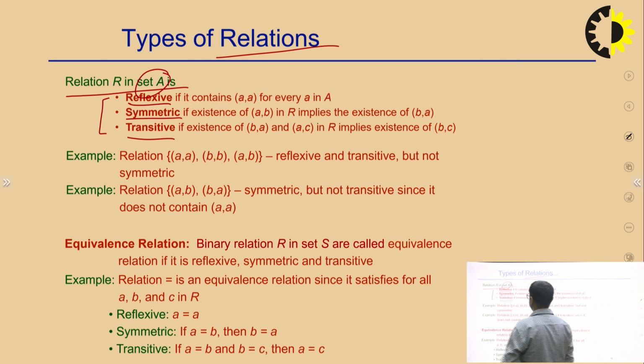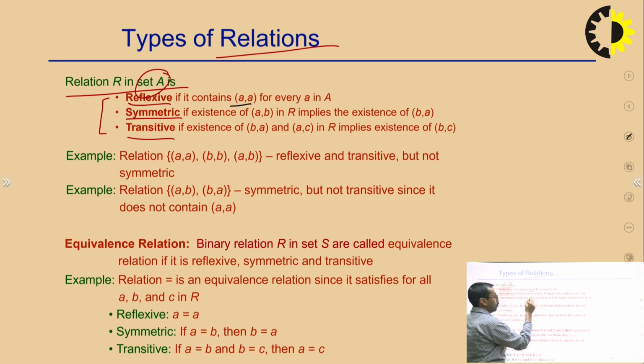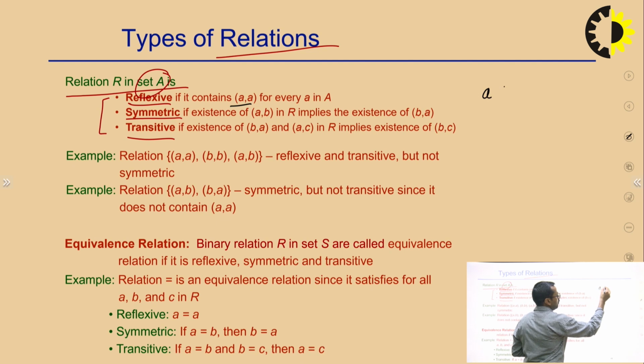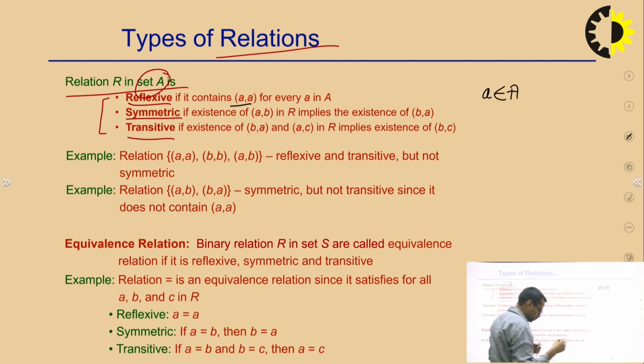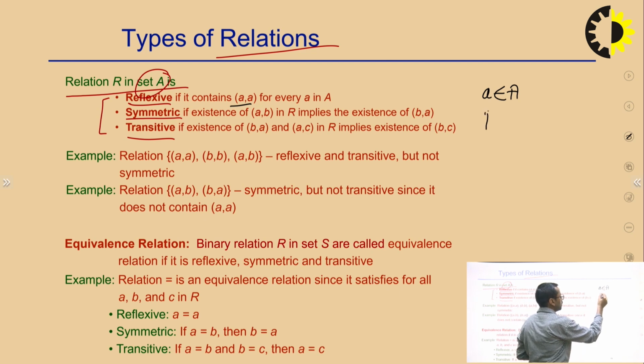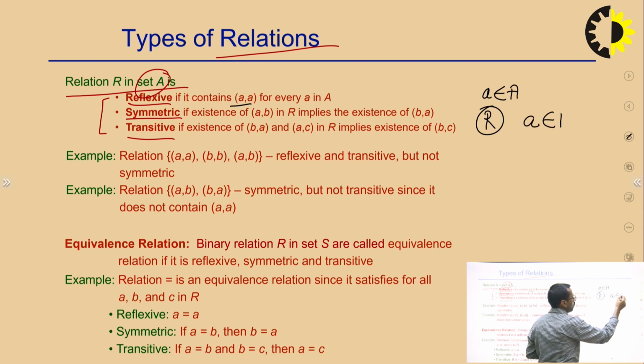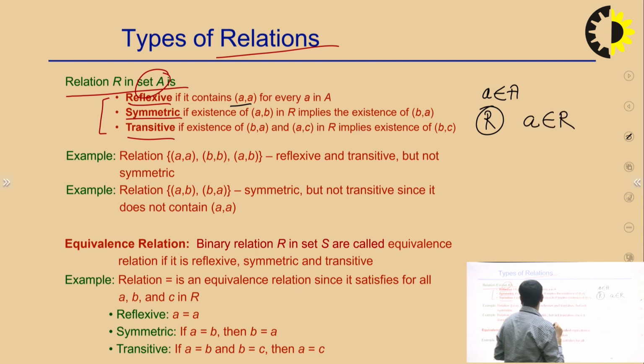For the reflexive, if there exists an element a belonging to A, and there exists a relation R in which (a, a) also belongs to R, then it is called reflexive.